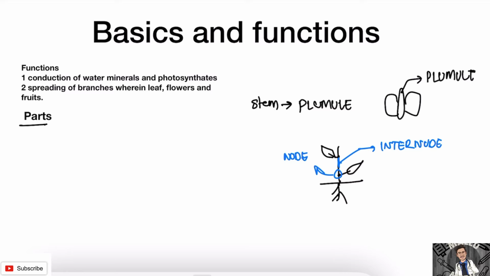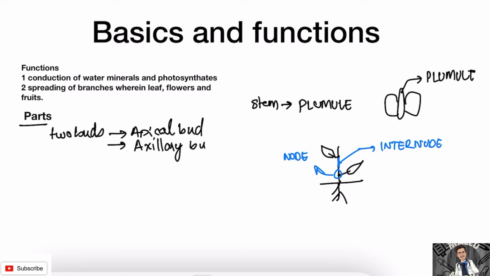Also, the stem has two buds. What are those buds? They are the apical bud and the axillary bud. The apical buds are found at the tip of the plant.